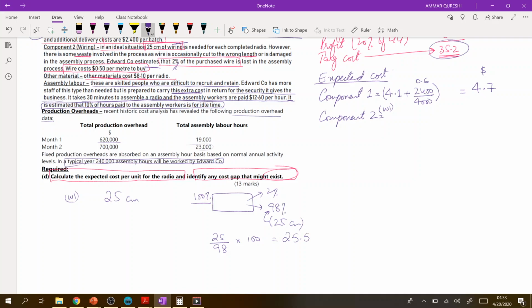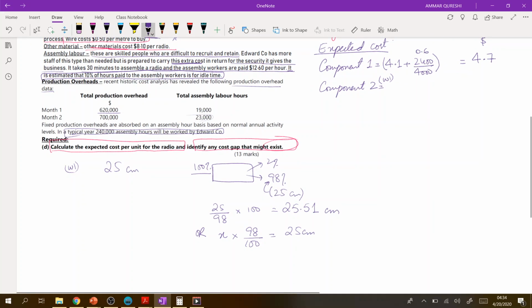25.51 centimeters. Or in other words, you can do the same question this way: we don't know how much we should input, so let's keep the unknown as x, but whatever we input, its 98% should be equal to 25 centimeters. This is another way of doing the same thing.